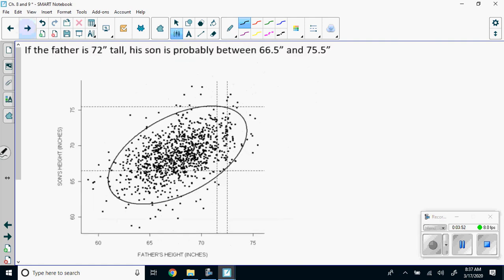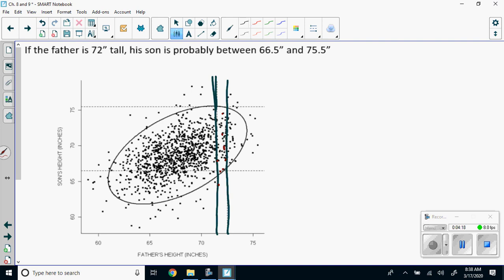Okay, so we can look at all fathers who are 72 inches tall. So that's this bit right here. All of the dots in here represent a pair whose father is 72 inches tall. And then we've got a bunch of dots in here that show the son's height as well.